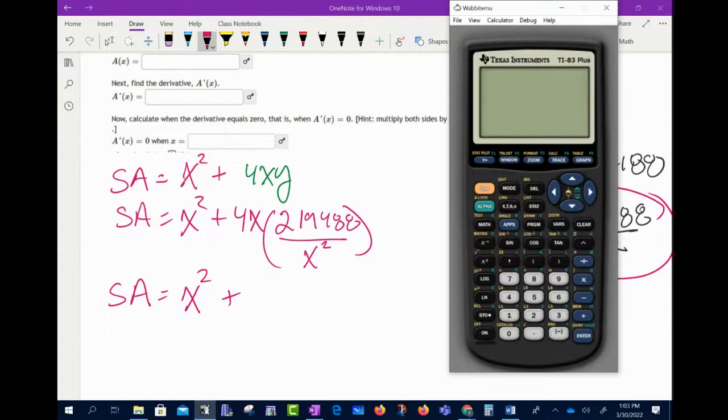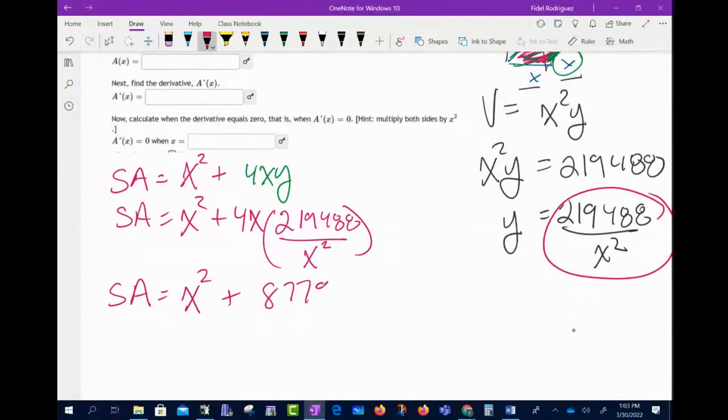So first thing I'm going to do, y'all, is what's 4 times 219,488? I don't know, but we'll figure it out right now. 219,488 times 4, and I'm coming up with 877,952. Question, y'all, do you agree that this x here is going to cancel with one of those down there? Okay.